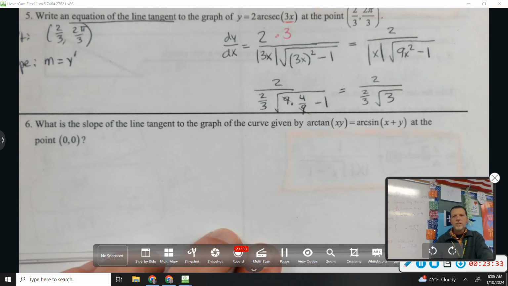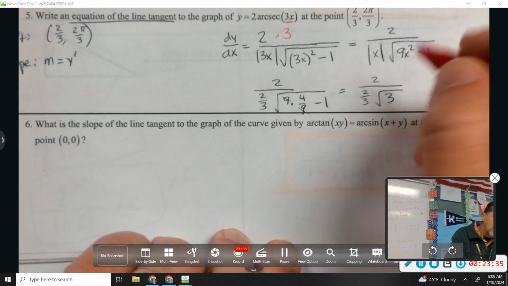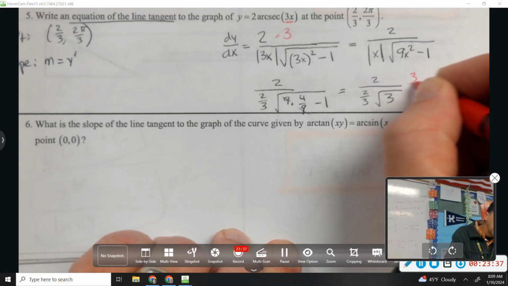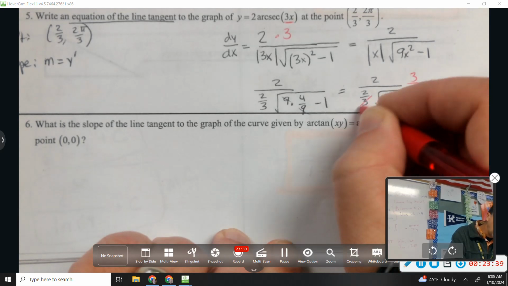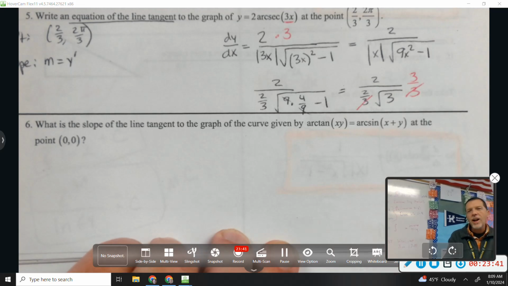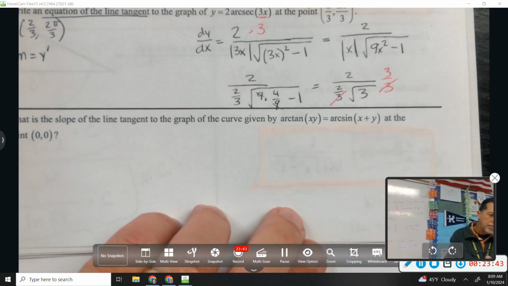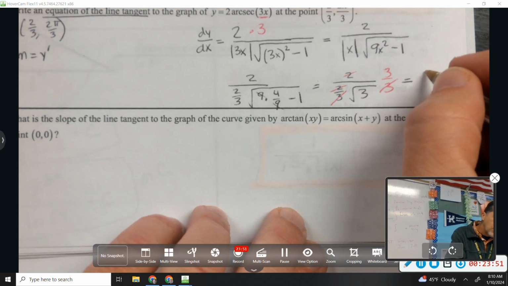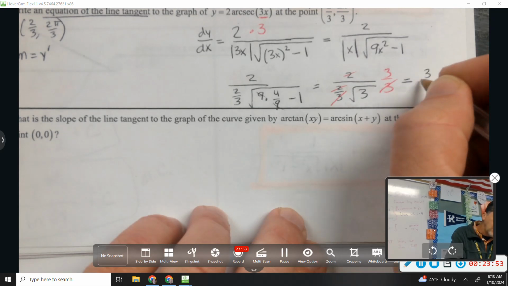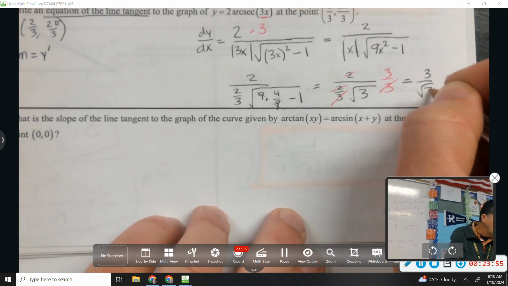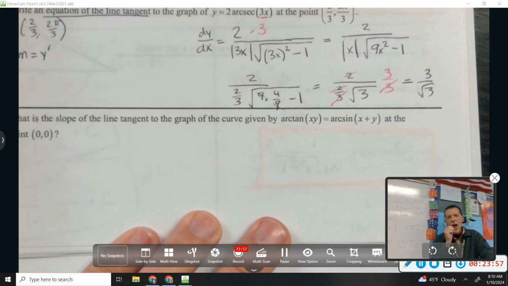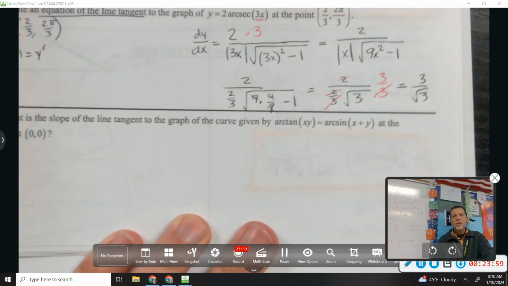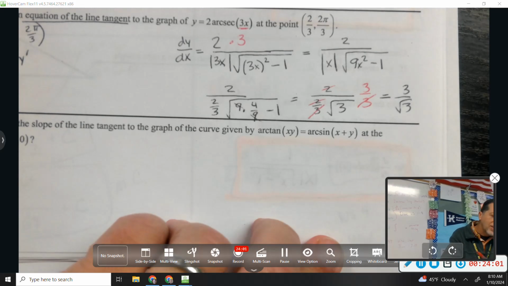What else could we do to clean that up? I'm going to multiply the top and the bottom by 3 to cancel that 3, so I don't have a fraction in a fraction. And actually those 2's could cancel as well. So all of that gets me 3 over square root of 3, which I can fix.